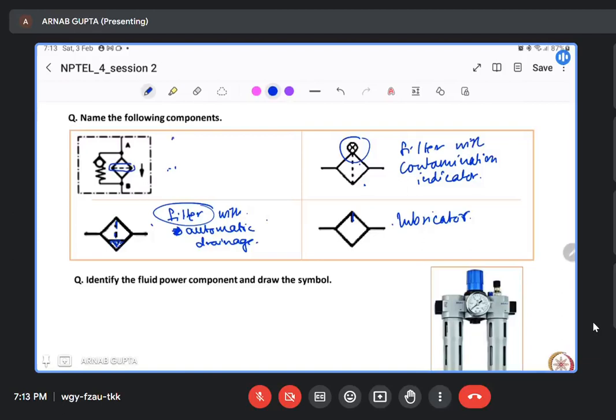First of all, this is a pressure filter. Generally, it's used in hydraulic lines. It may be used in pneumatic lines, but generally it is used in hydraulic lines. And this downward arrow indicates that it is a line filter, a pressure filter or line filter, with this particular bypass system.